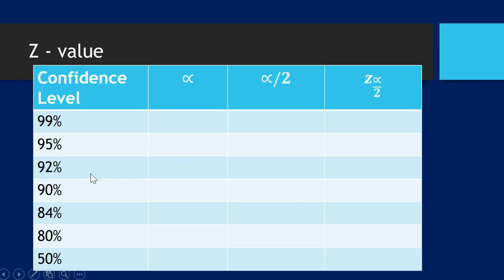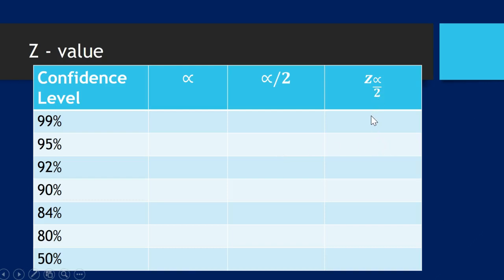So if you recall, 95% confidence level meant that the chance that I get it wrong is 0.05 or 5%. I divide that in 2 because we have 2 tails on each side of the normal curve. So you'd get 0.025 for your alpha over 2.